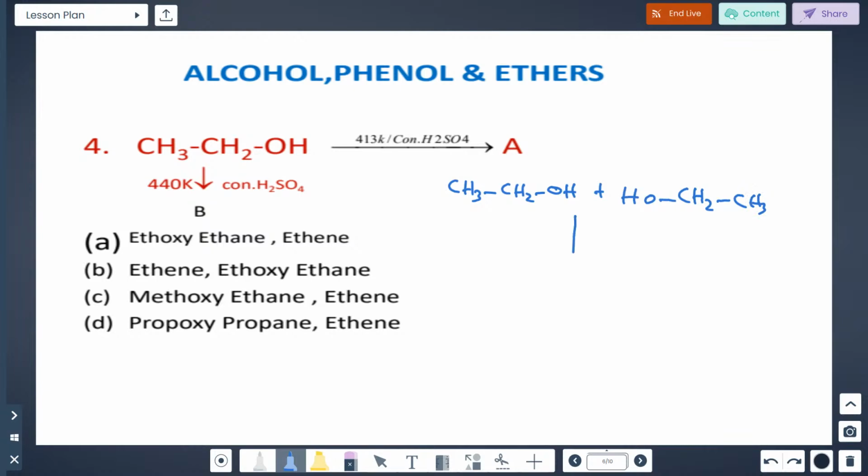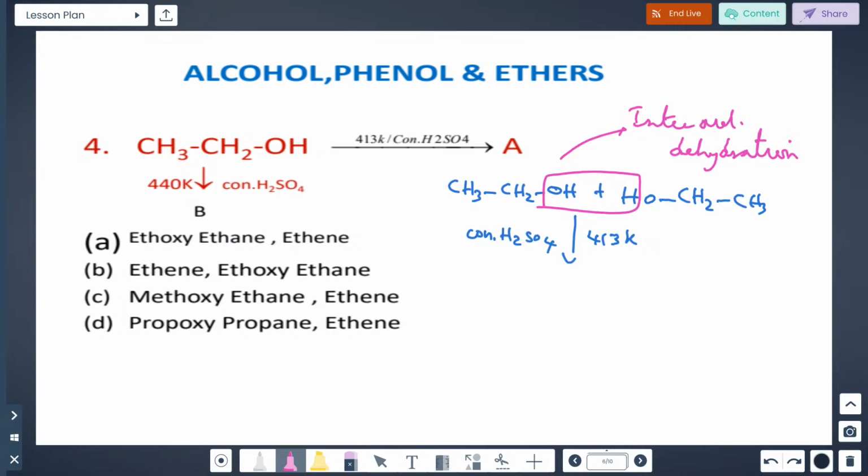What happened at 413 Kelvin in the presence of sulfuric acid? The role of sulfuric acid is a dehydrating agent. Dehydrating agent means it has the tendency to remove a water molecule.